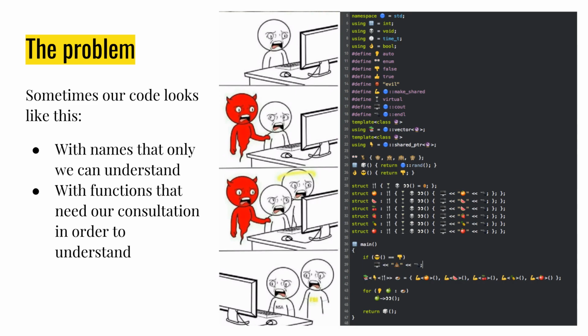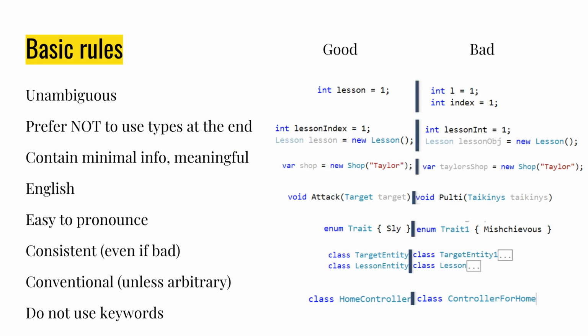It's all about design rules, it's all about naming, it's all about clean code, and if you fail to understand that, it will be really hard to read your code and understand the intention. So, for example, these are the basic naming rules, and on the left you see good examples, on the right you see bad examples.